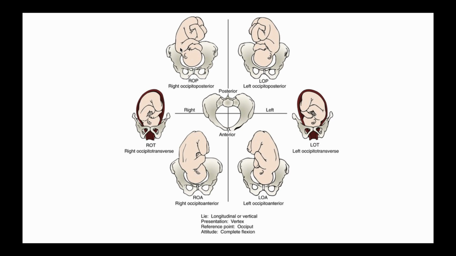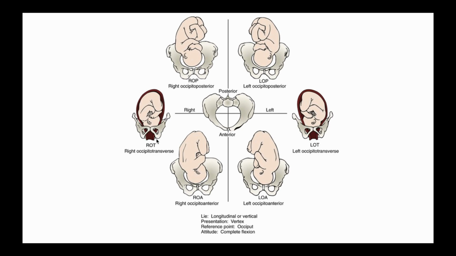Now, when we say left occipito-transverse, what it means is that the occiput is pointing towards the transverse side of the mother, whilst the spine is also pointing in the same direction. So both the spine and the occiput of the fetus are pointing towards the transverse or the left side of the mother.